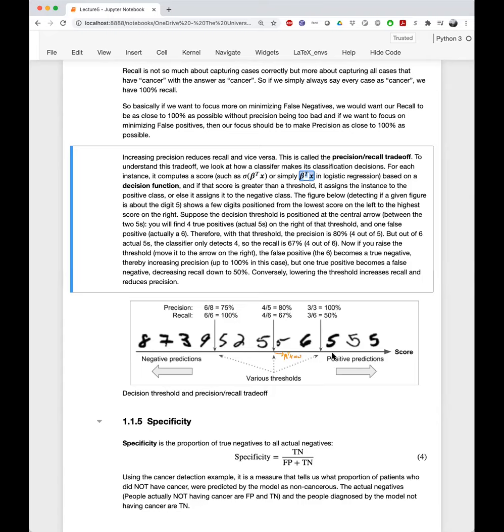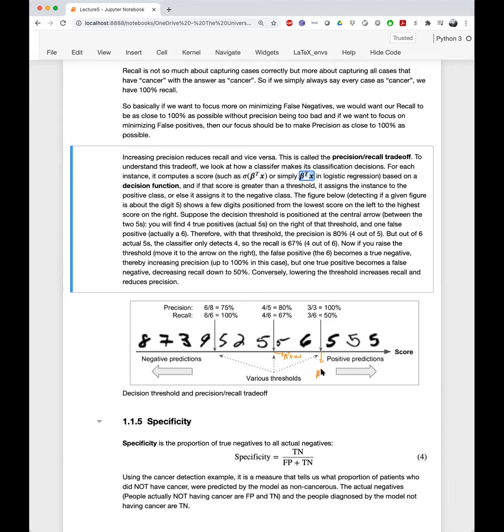But actually, we can increase the threshold. Because if you use beta transpose x equal to 0, there may be more cases that you get wrong, which means it's not a 5, but you predict it to be a 5. So it's a false positive. It can happen. So we can increase the threshold. Let's look at this point here.